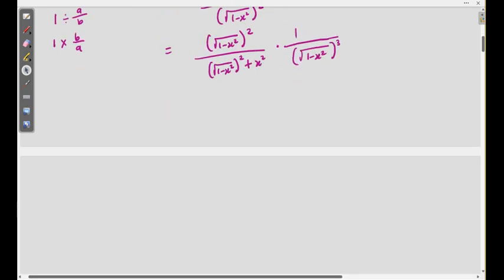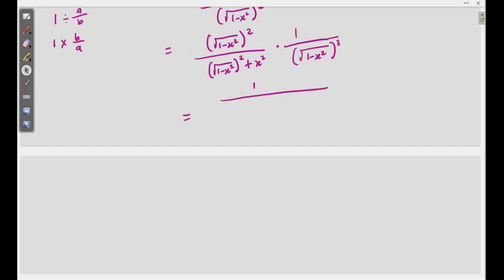Now it looks very, very nice because here it's 2 and here it is 3, we can try to use laws of exponents and say that on top we have 1, on the bottom we can now simplify this part.